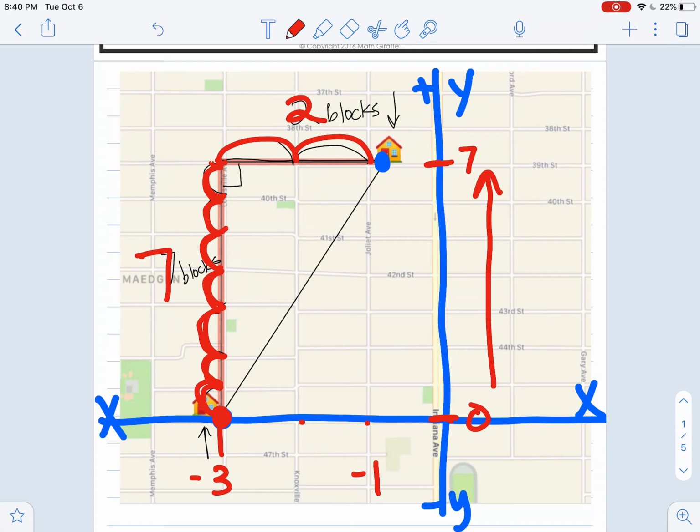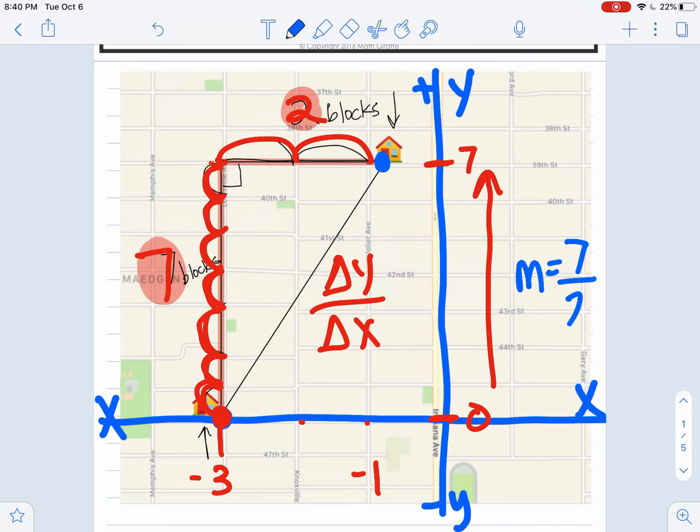So when we find slope, again, the change in y over the change in x, what we're doing is finding this number right here, and this number right here, and then we're going to put them in as a fraction. So we're going to put our 7 over 2. So our slope of this line is 7 divided by 2. Okay.